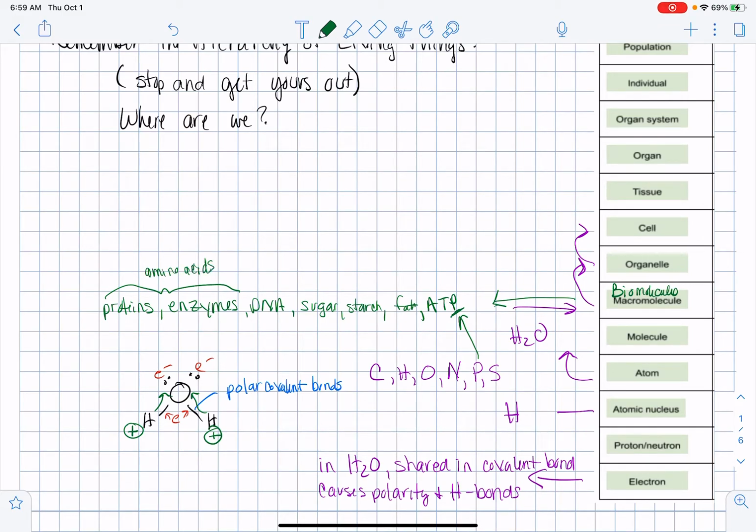DNA is made from nucleic acids. Sugars and starch are carbohydrates. Fat from a lipid. And ATP is a molecule in itself.